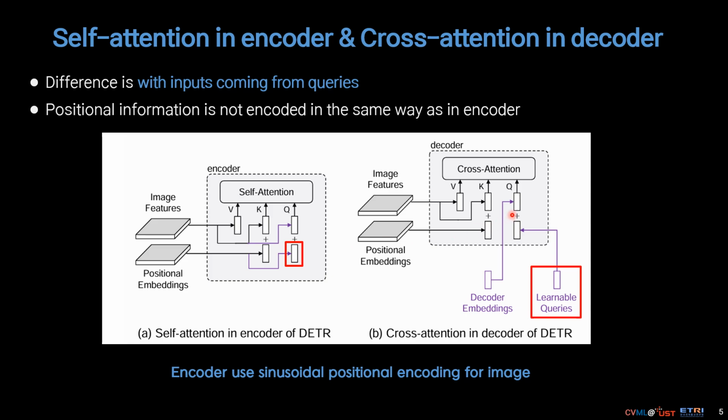But in the case of the decoder, the content is the decoder embedding, but the position information is the learnable query that we're going to learn throughout the training. So the position information is not encoded in the decoder in the same way as we have done in the case of the encoder.